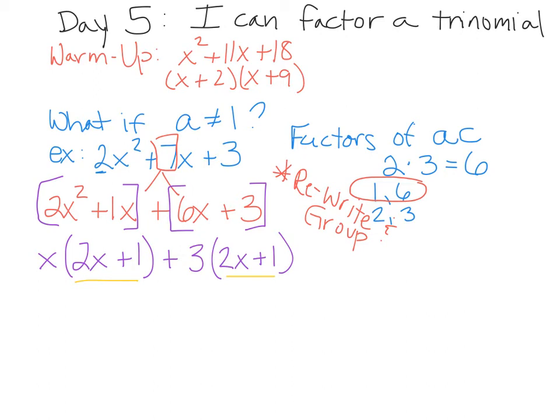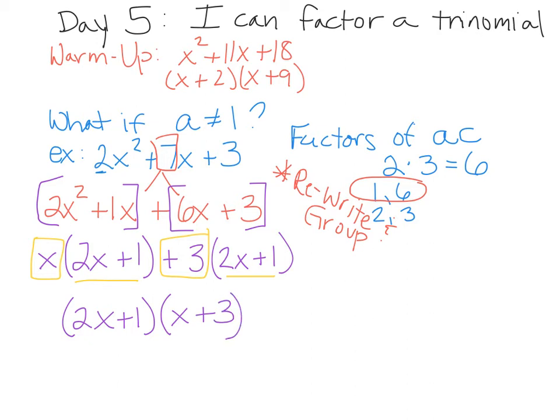So then, we take that, and that's one of the terms, okay? So this thing that we underlined is one term, 2x plus 1. And the other term is what we get from right here, times x plus 3. Whew.